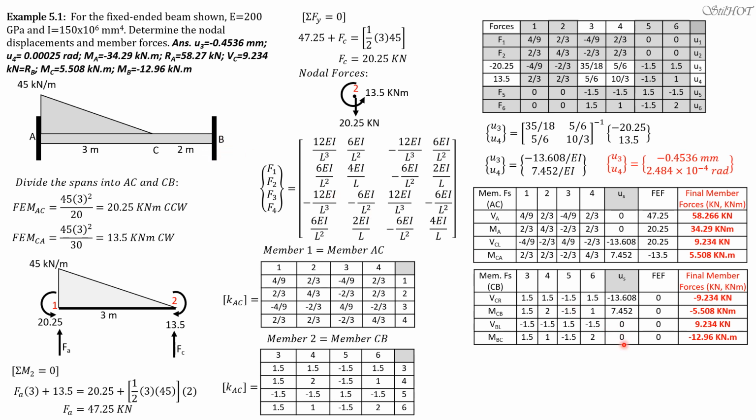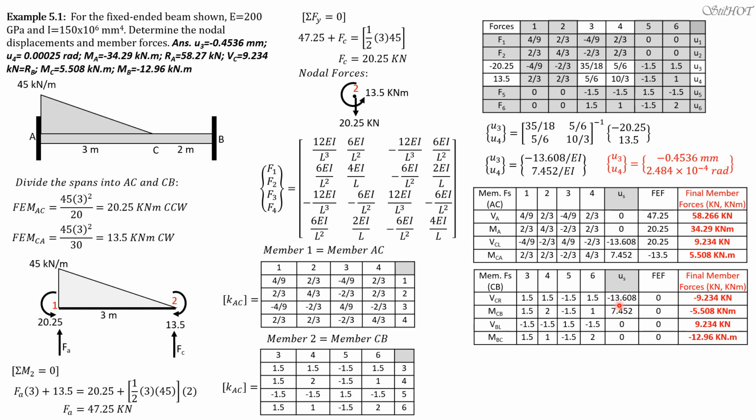So that's why we have 0, 0 here. This time, the first two columns are important, and you may cover columns 5 and 6 because they are multiplied to corresponding zero displacement. So we only distribute the first two columns.